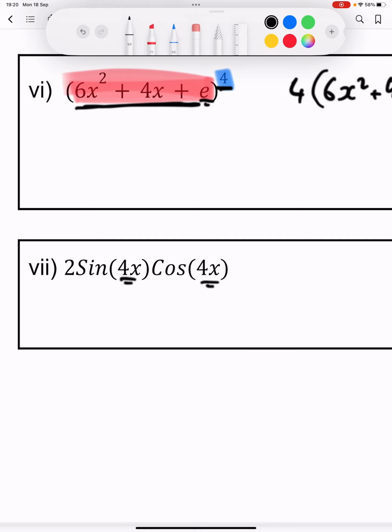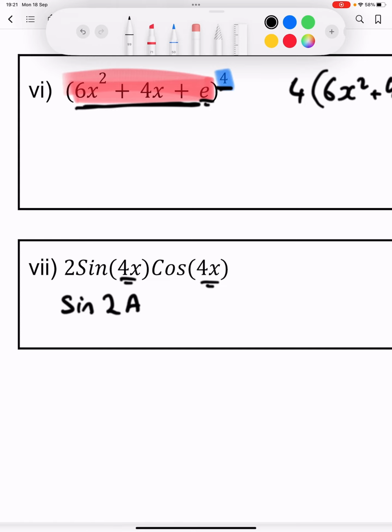So this 4x with both of them, have a look through your log tables and see if there's any way that you could rewrite this using trigonometry. And I can see here that I have on page 14 on your log tables, there's 2 sine A cos A can be written as sine 2 of whatever the angle is.